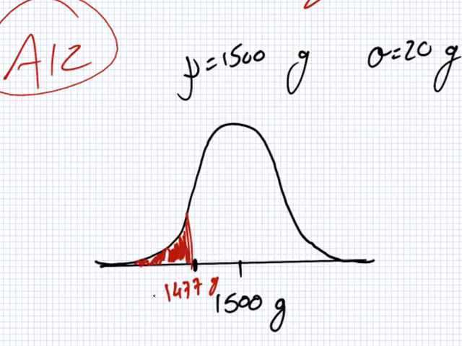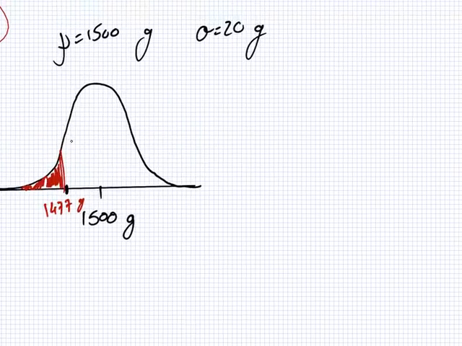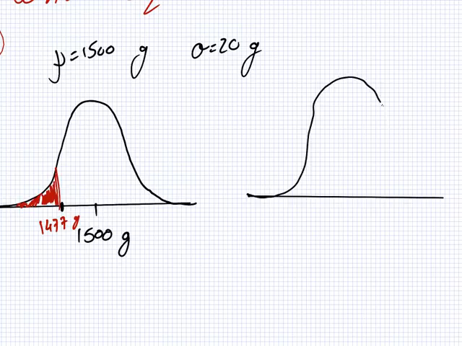Okay, so do you know what to do first? You get the Z. It's called Z transform. So when you Z transform, what does the average become? 0.